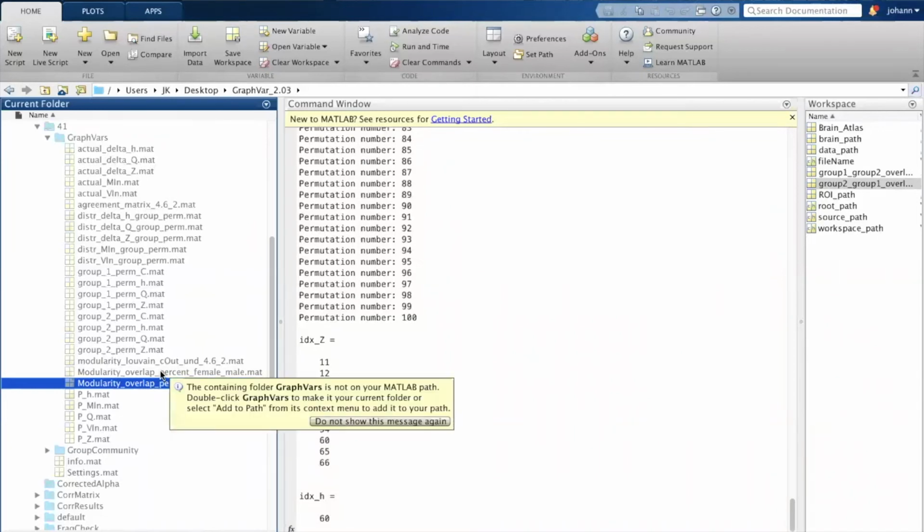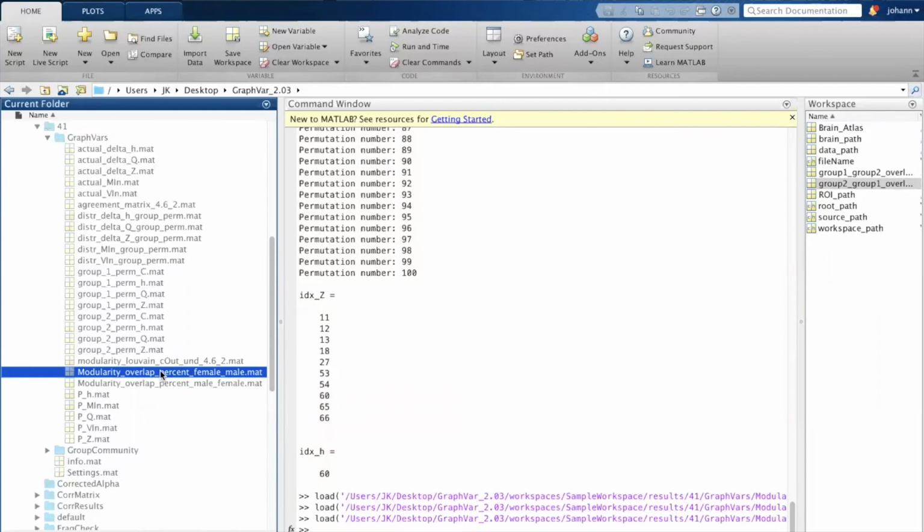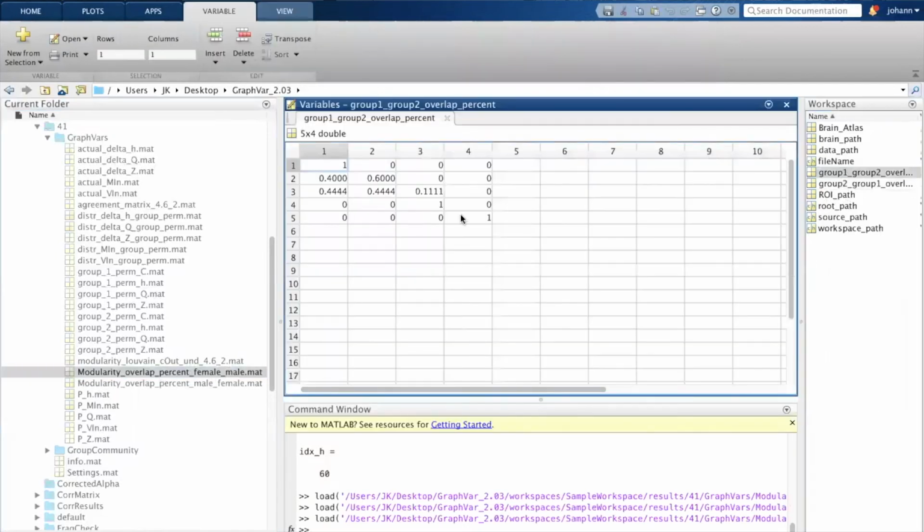So let's have a look how this looks from the females to the males. We know that in the females we have five communities found with our calculations. So here the rows are the ones that we're interested in, and everything across the columns adds up to 100%. So we see that module 1 or community 1 in the females overlaps to 100% with module 1 in the males.